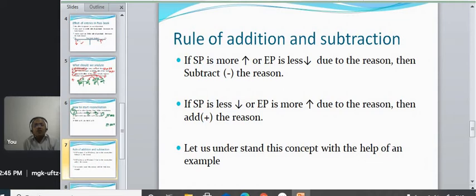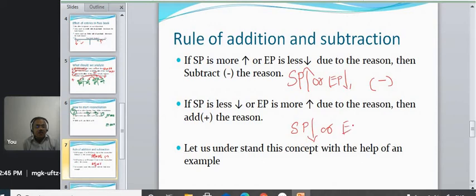Okay, now what I said in the first sentence, if the starting point increases or the end point decreases, if any of these two happens, then you have to subtract that reason. Or if the starting point is less or the end point is more, then you have to add the difference. This is the next point to be remembered, how to add and subtract.